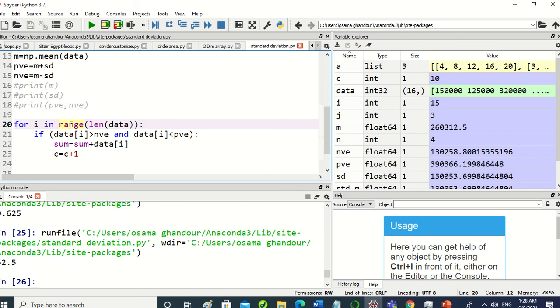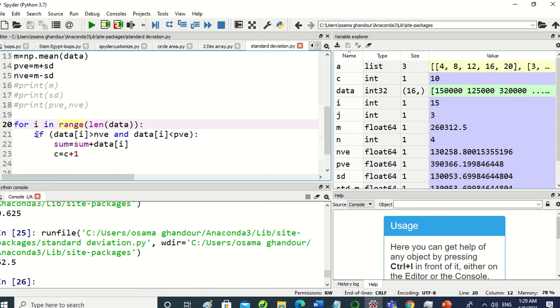So if the elements in the data equal 10, the size equals 10. If it is 20, the size will be 20. So I will start from 0 till 9. Why? Because I start from 0. If there are 100 elements, i goes till 99.